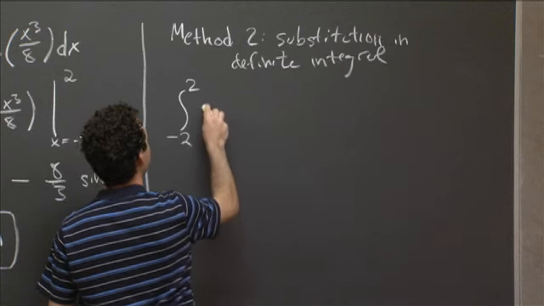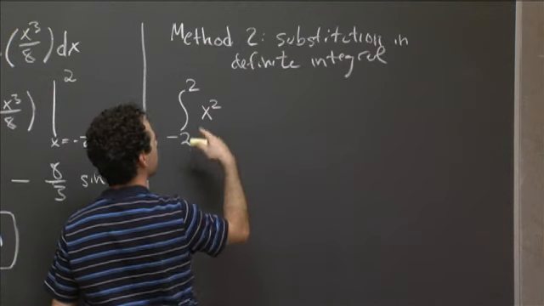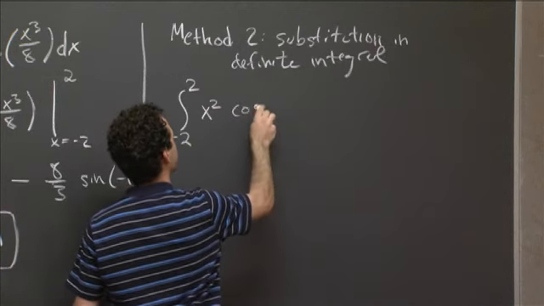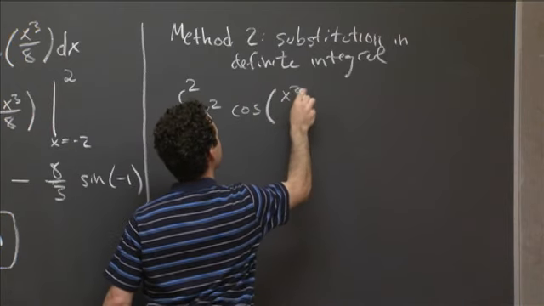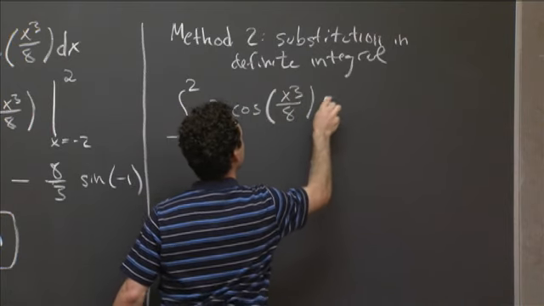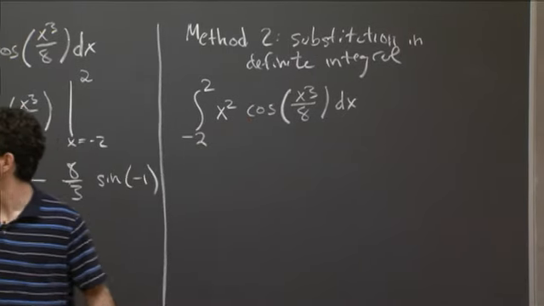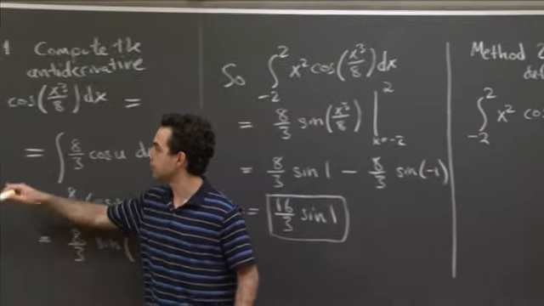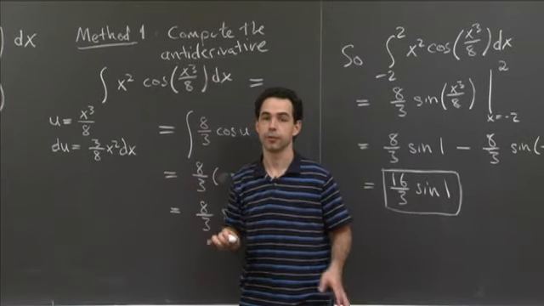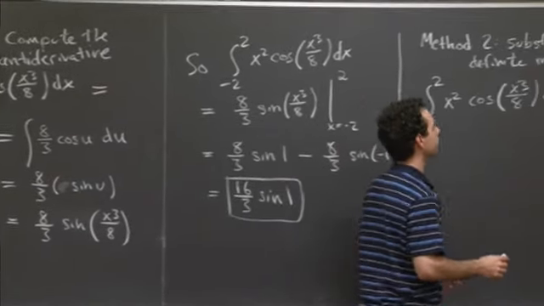So we start off, we don't go back to the antiderivative. We start off with the definite integral. So that's one difference. We can use the exact same substitution. So we can use exactly the substitution that we used before, which was u equals x cubed over 8. That doesn't change.